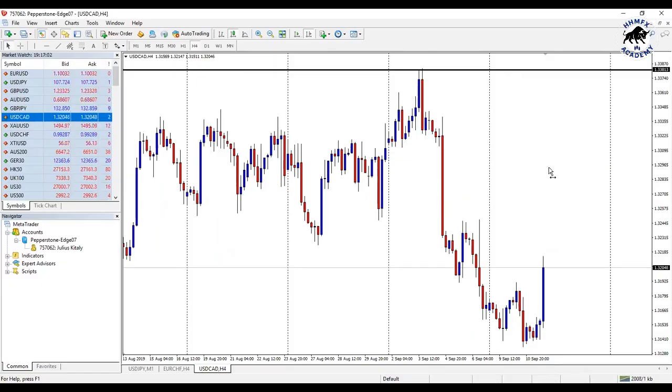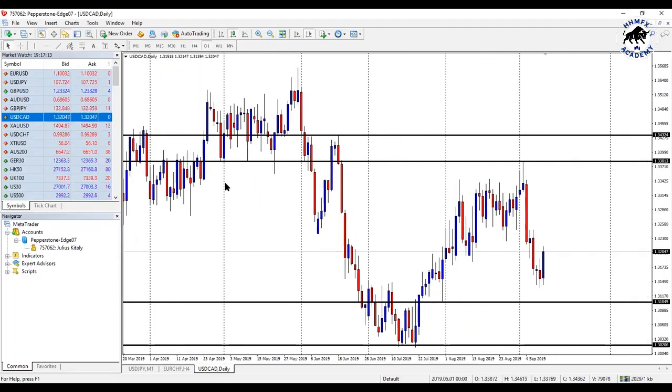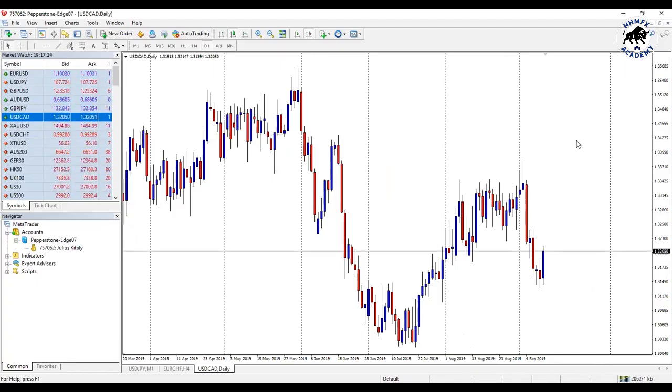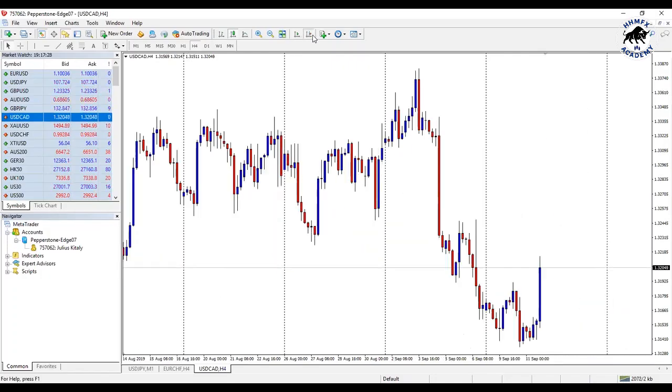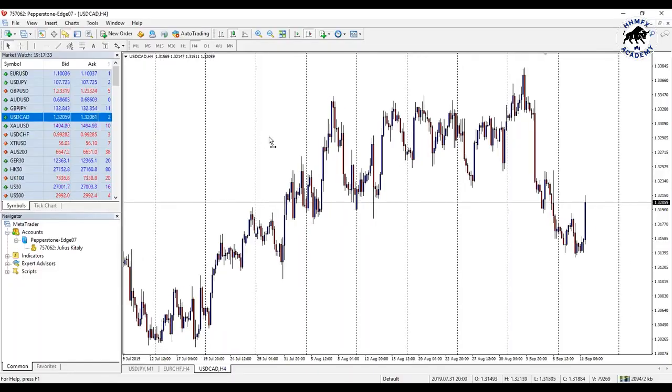If we use the 4 hours time frame, we can minimize a lot of noise in the chart, or we can even use the daily time frame. I prefer to use the 4 hours time frame because it shows something very clear, as you can see.